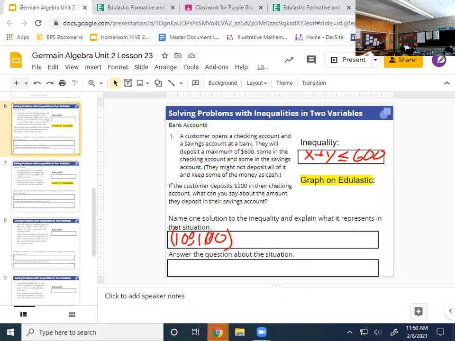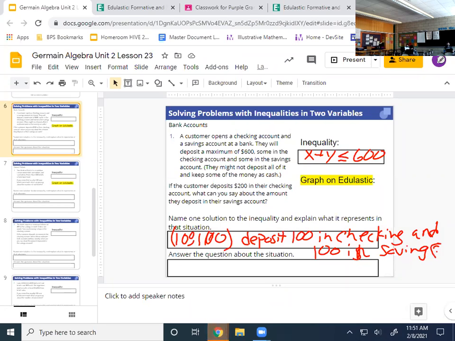In the context of this story, what would that 100, 100 be? Connor? The 100, 100 would be how much you put in your checking and savings. Deposit 100 in checking and 100 in savings.